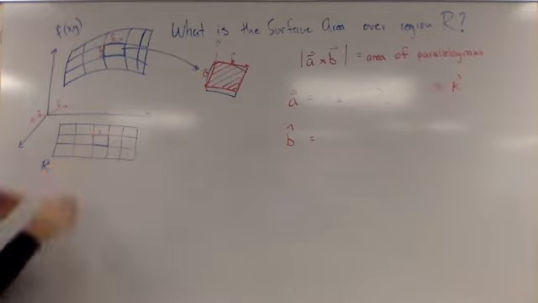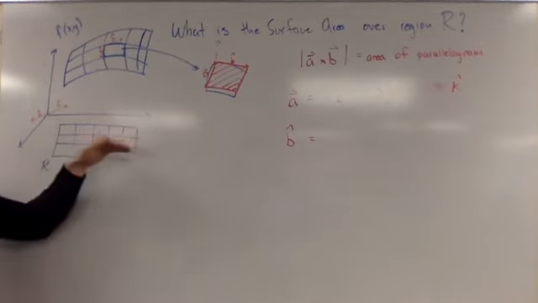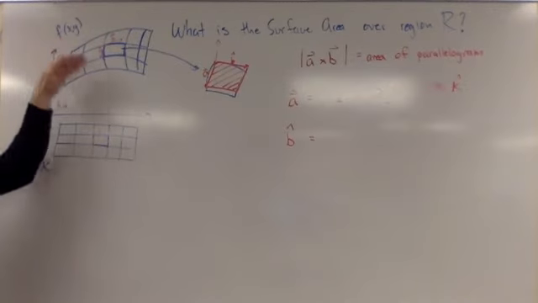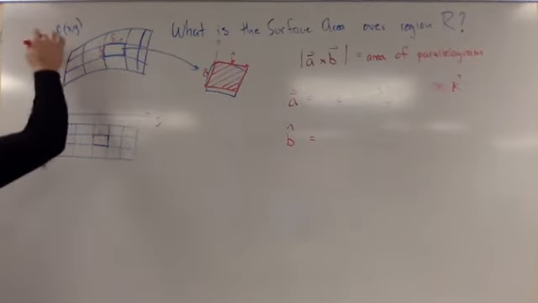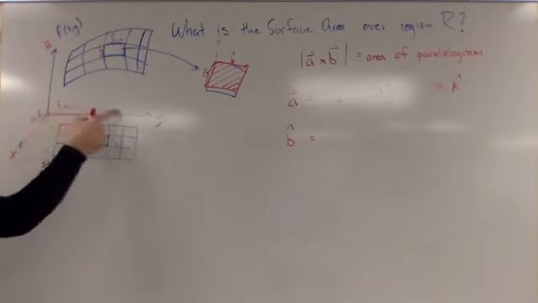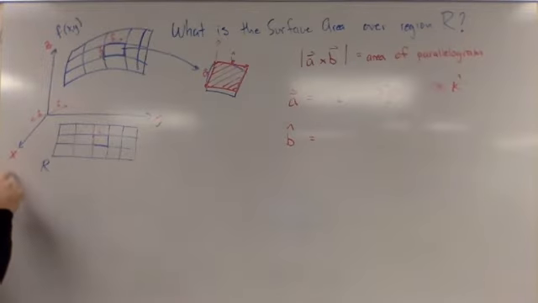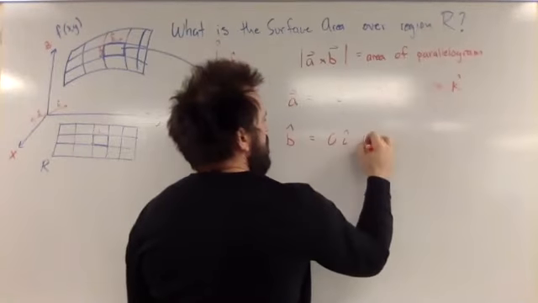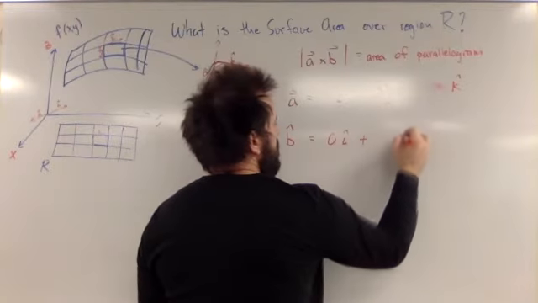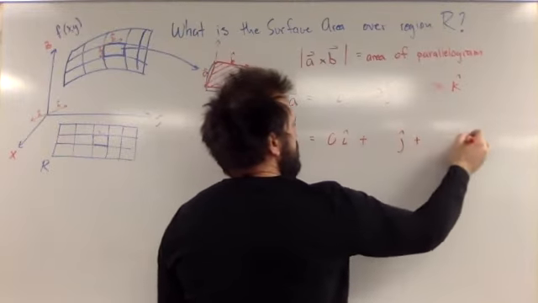That's in the yz plane only. Let me label these axes real quick. That means it's in this yz plane, so it's going to have 0 for an x component. So I'm going to have 0i plus some j plus some k.